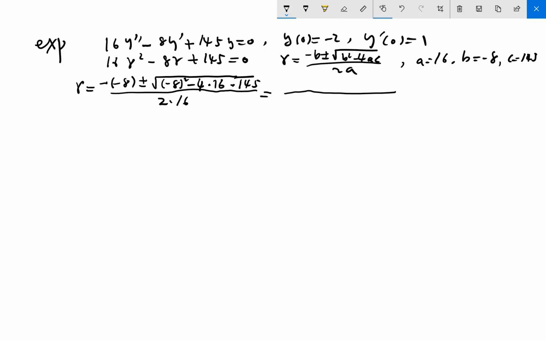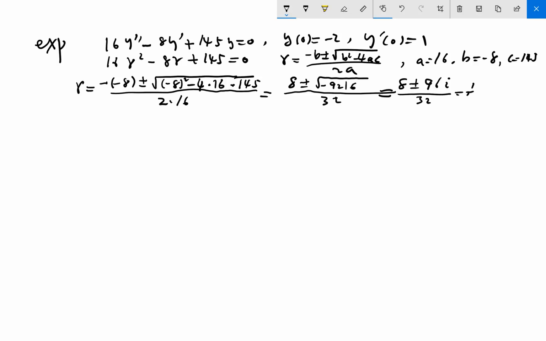Okay, let's simplify this. You've got a 32 here, and 8 plus or minus. You calculate this and you find the inside is negative 9,216, which gives you 8 plus or minus 96i, because we got a negative inside the square root, over 32.